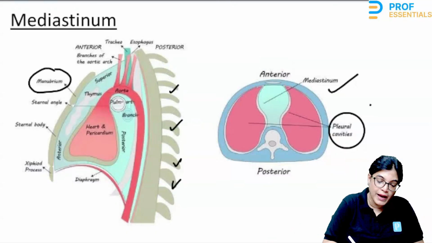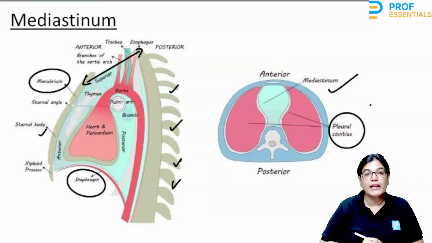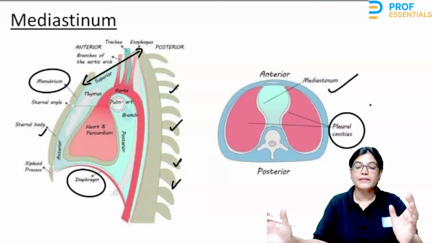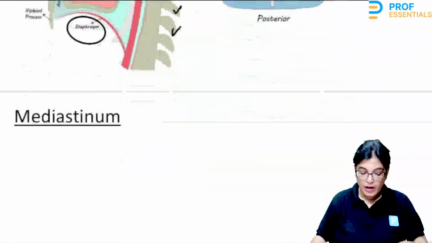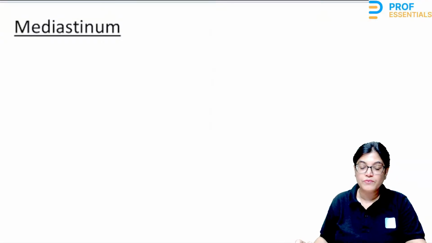Anteriorly it will have the manubrium sterni, the sternal body and the xiphoid process. Superiorly there will be the superior thoracic aperture. Inferiorly there will be the diaphragm, and on either side there will be the mediastinal pleura. These are the important points for the mediastinum which you have to know.